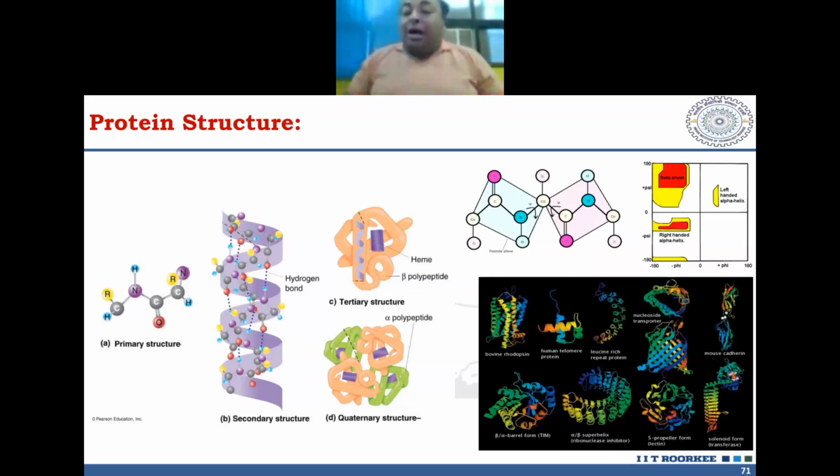But there are many more interesting parts which we are going to talk about. One is when one amino acid connects with another amino acid, what they form is called a peptide bond. And you could see the peptide bond. The peptide bond has these phi and psi dihedral angles.